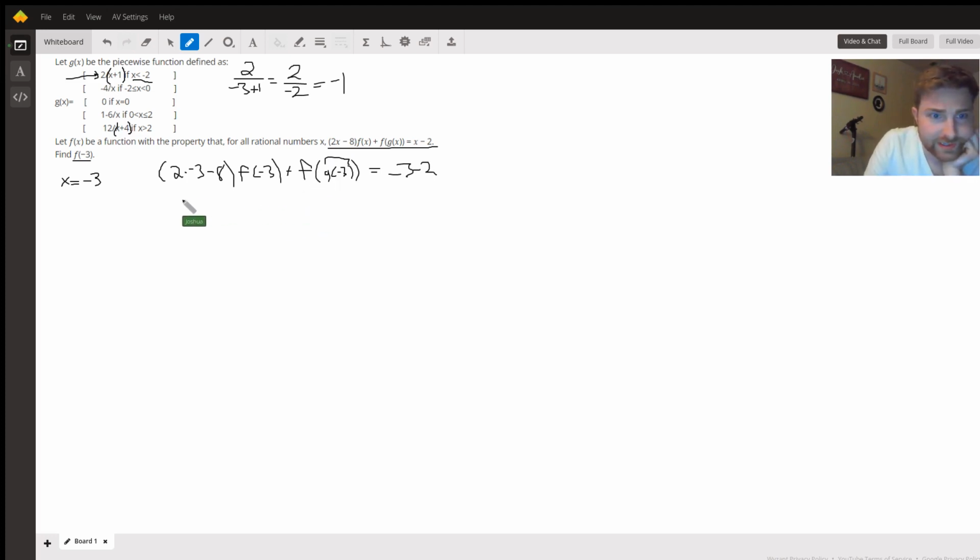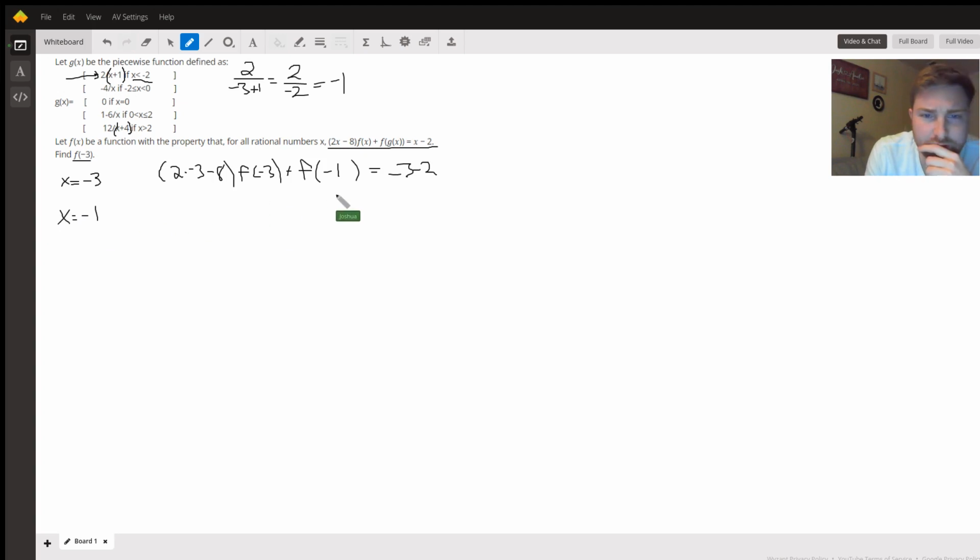So I'm just going to replace g of negative 3 with negative 1. I'm not going to bother simplifying the other ones, not yet. I'll do it a little later. So what happens at x equals negative 1?